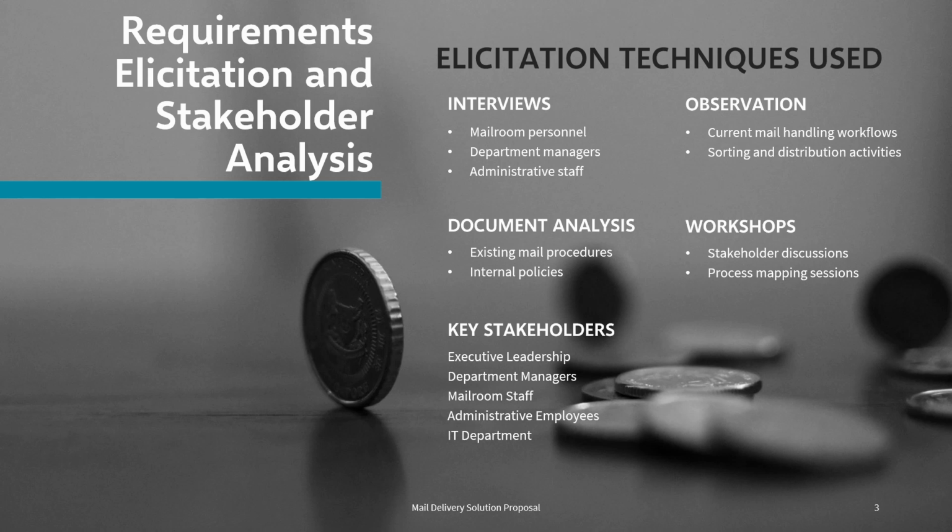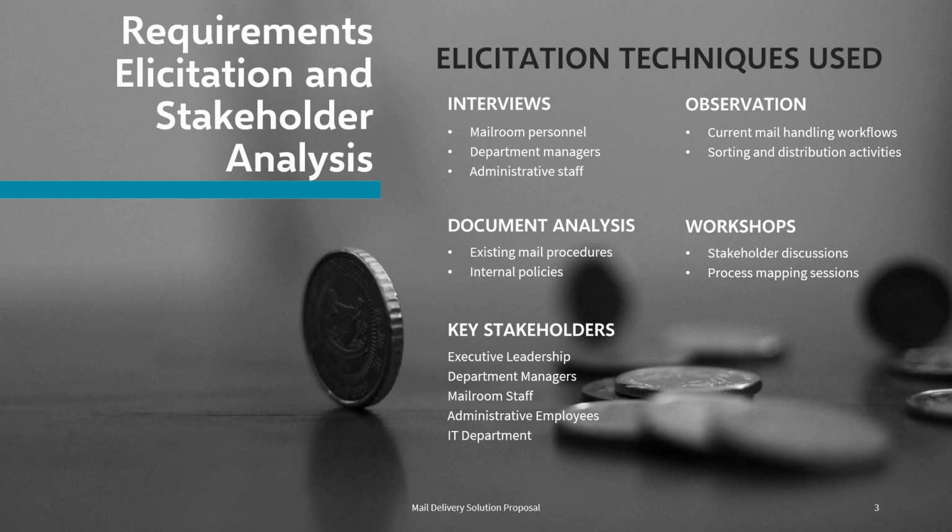These discussions provided valuable insight into daily operational challenges. Second, direct observation was performed to understand the existing workflow and identify process bottlenecks. Third, document analysis was used to review current procedures and policies. Finally, collaborative workshops allowed stakeholders to discuss concerns, prioritize requirements, and validate process improvements.